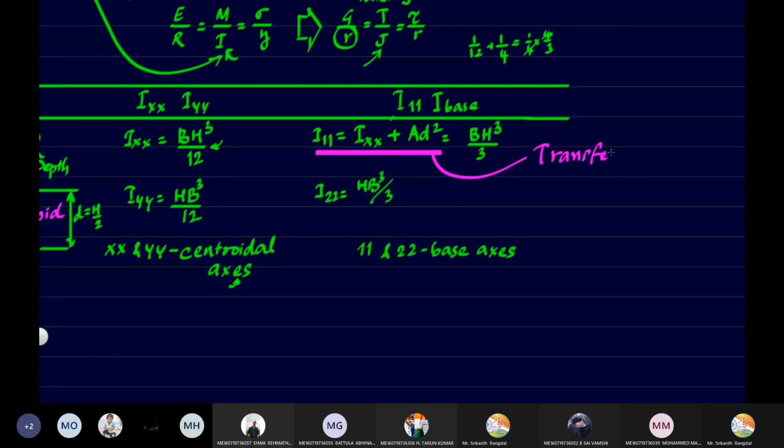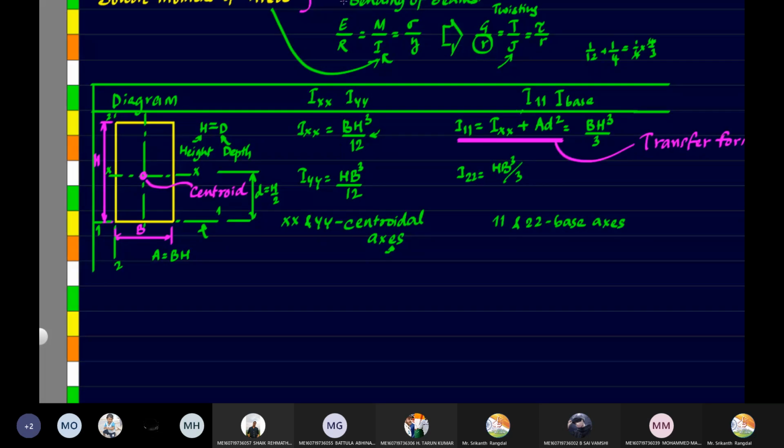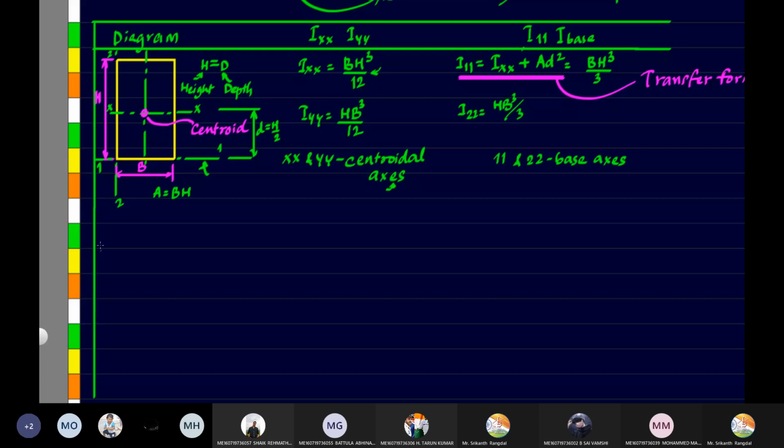So transfer formula can be used to find moment of area about any axis that is parallel to the centroidal axis. So this is our first standard diagram. Next, the second one. What is the second one?